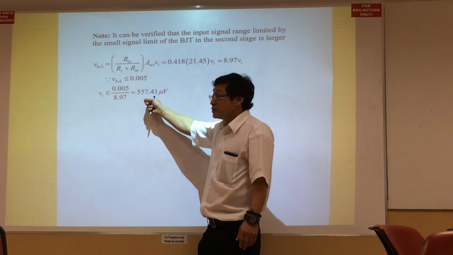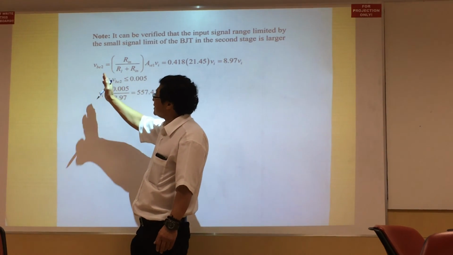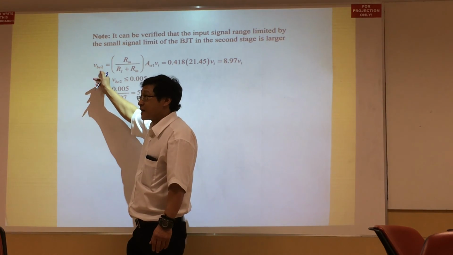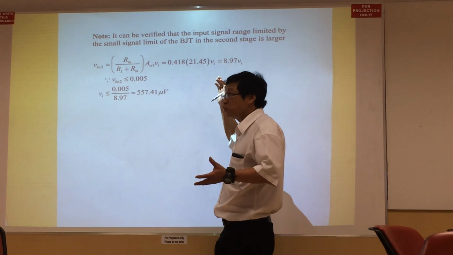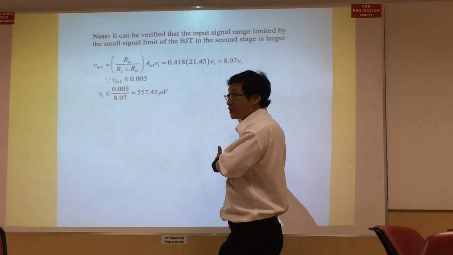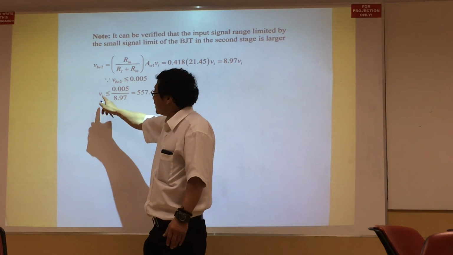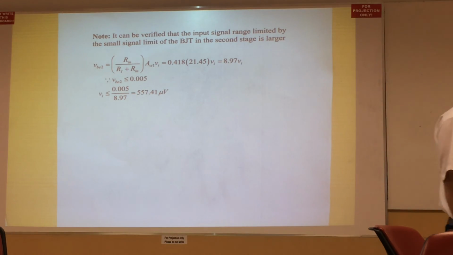So if we use this, we will get the linearization all the way to the second stage. But from the second stage to the third stage, the value will be too big for the last stage. So to ensure that all three stages remain in the linear condition, VI has to be smaller than 280 microvolt. Okay? Any question?